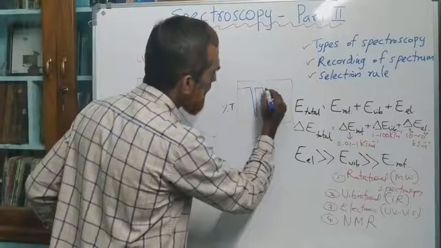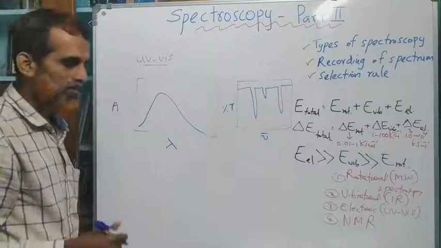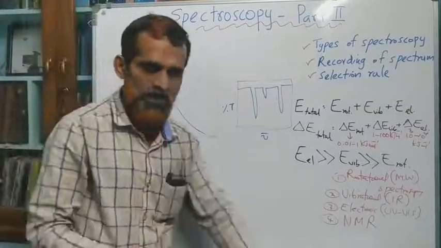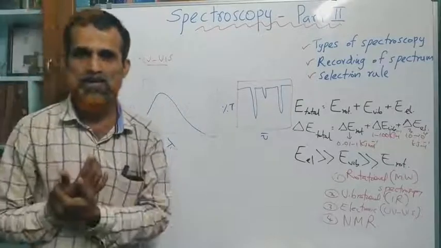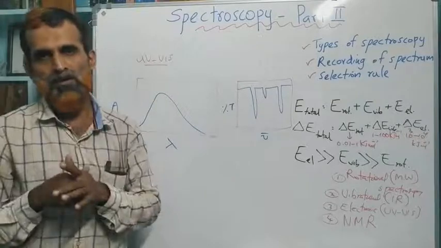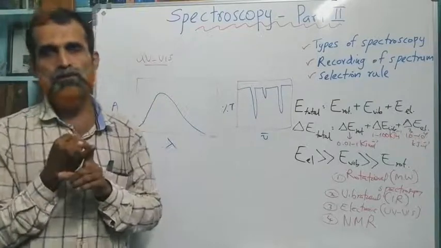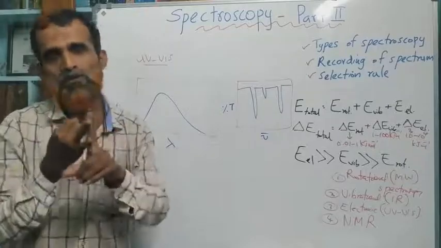This is how you get the IR peaks. So these are the basic ideas of spectroscopy. In the coming classes, we will discuss in detail vibrational or infrared spectroscopy, and after that, electronic or UV-visible spectroscopy.